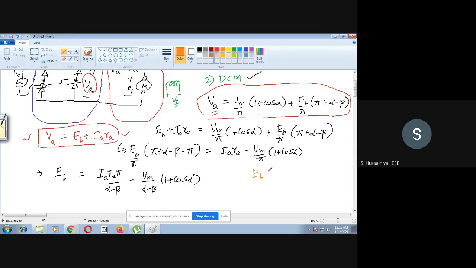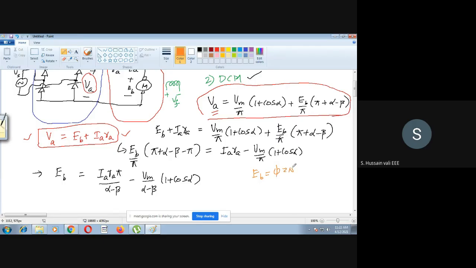If you remember what we have written, I would like to know what is EB in terms of omega m. So before that, we can do one more thing. What is the EB equation?